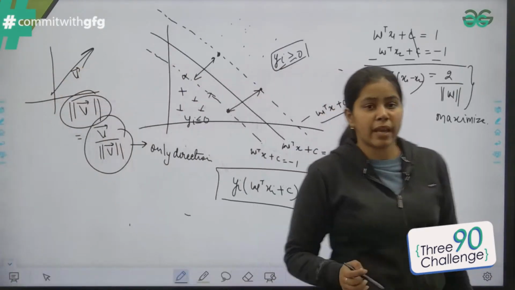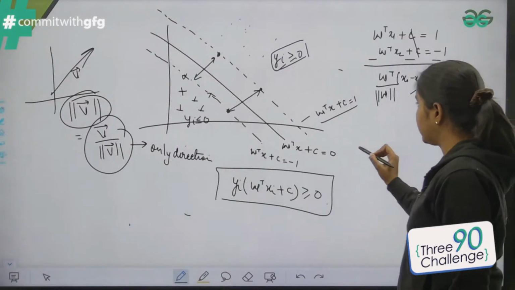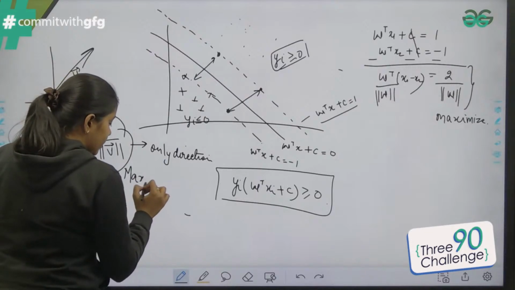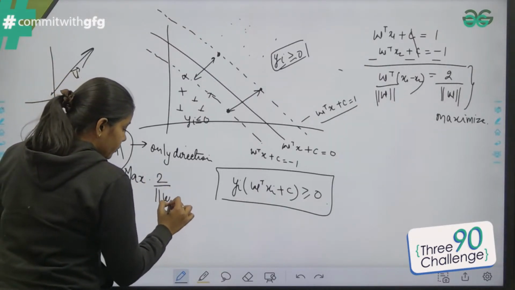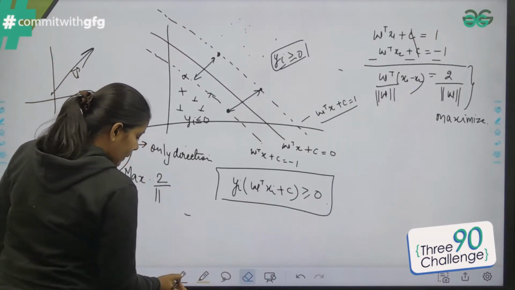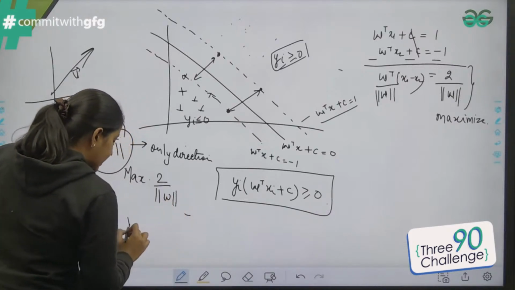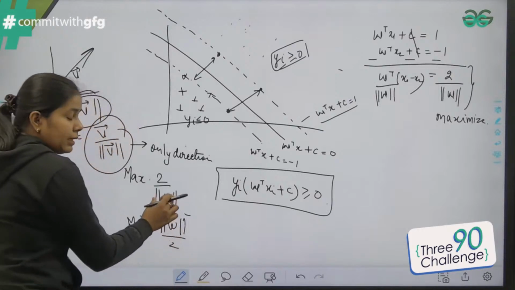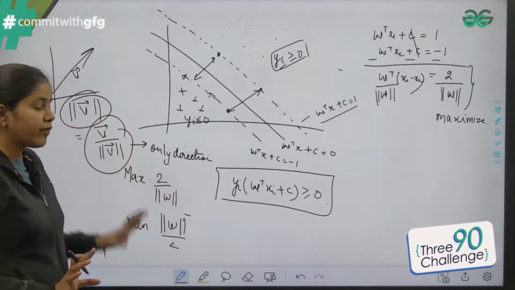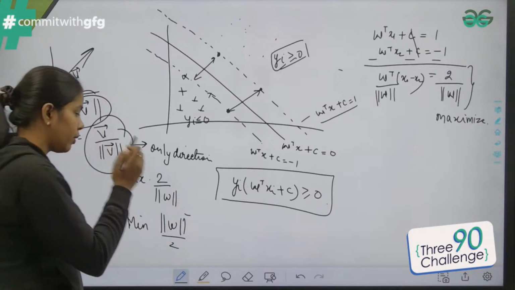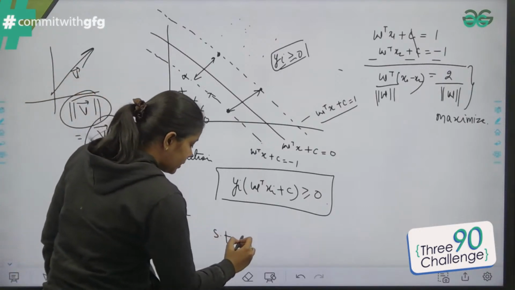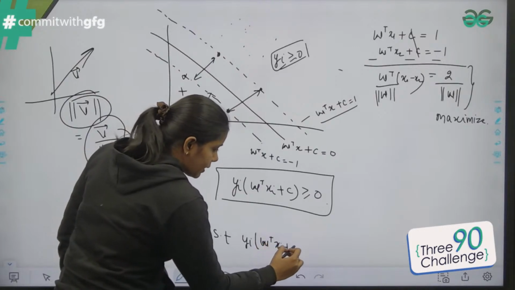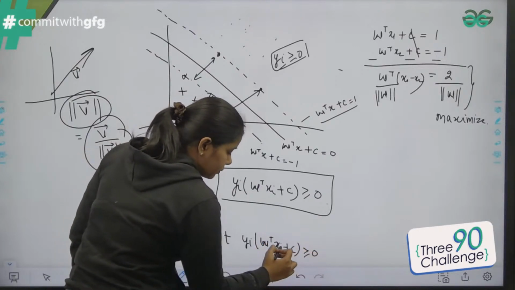Because I'm saying here maximize 2 upon norm of w, my problem gets reduced to that. Can I say minimize norm of w by 2? Because if I take the minimum value of norm of w, that would give me the maximum value of 2 upon norm of w, such that yi into w transpose xi plus c is greater than or equal to 0.